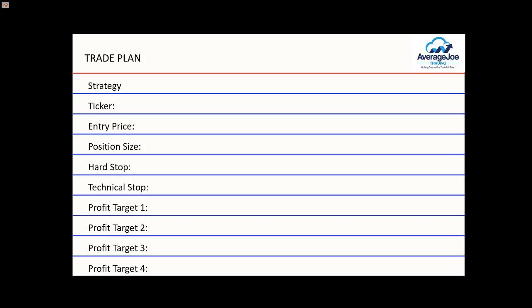Your hard stop, depending on what it is, is either going to be 50 cents or a dollar added or subtracted to your entry price. If there's a technical level, you're going to write that. But more importantly, you're going to have your profit targets down.